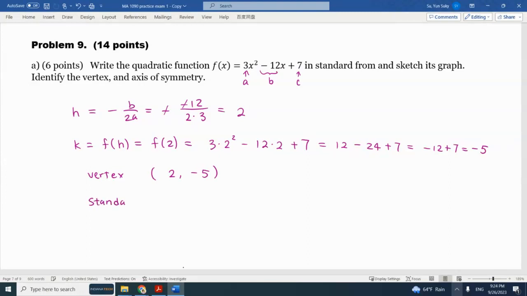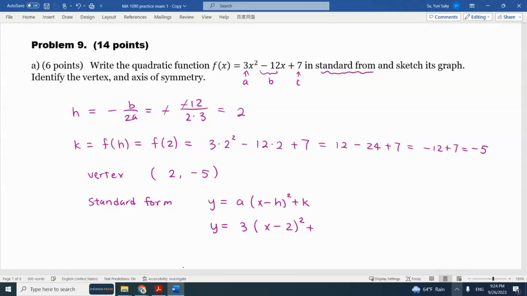And standard form. Many of you didn't read the problem carefully. I say standard form. Many of you forgot to write down the standard form. Standard form is y equals a x minus h squared plus k. Now you plug in. Your a is 3. Your h is 2.